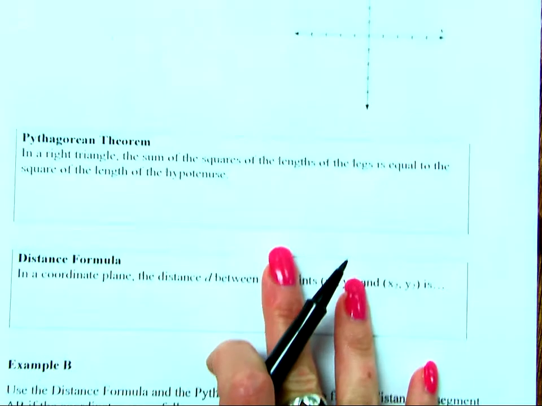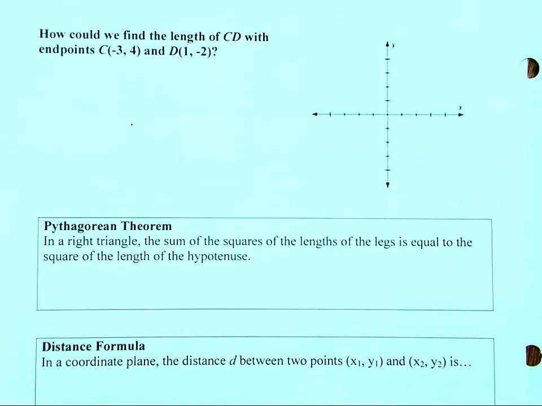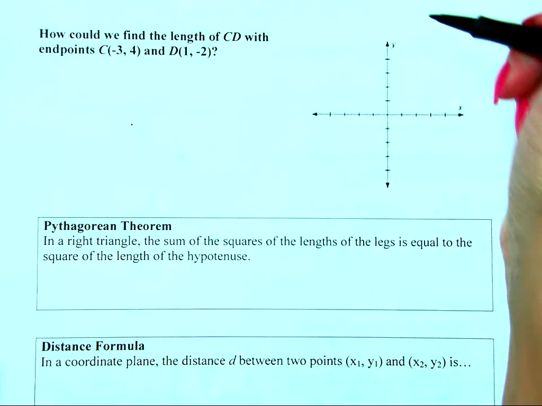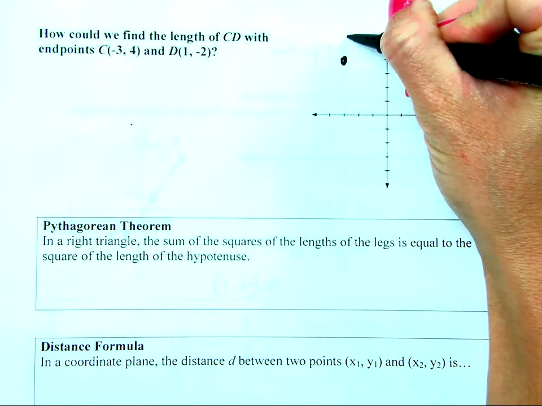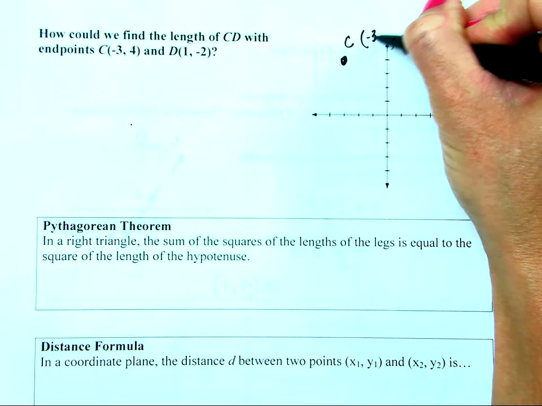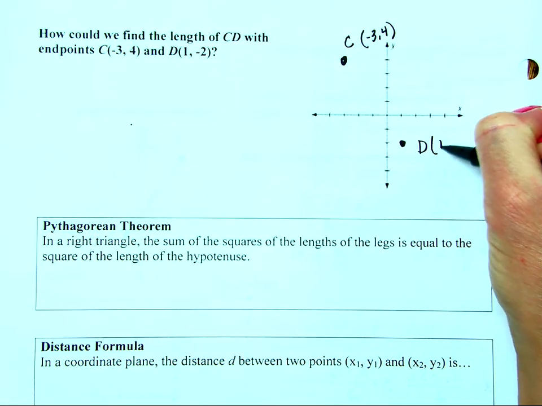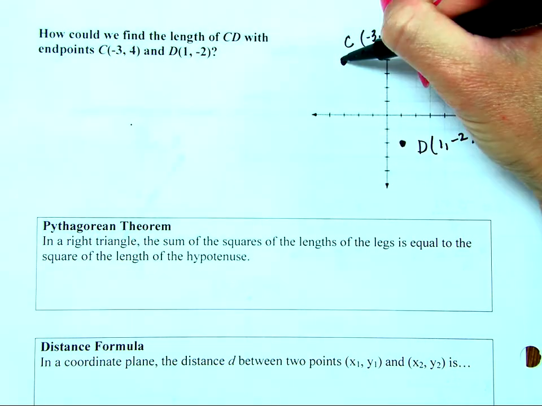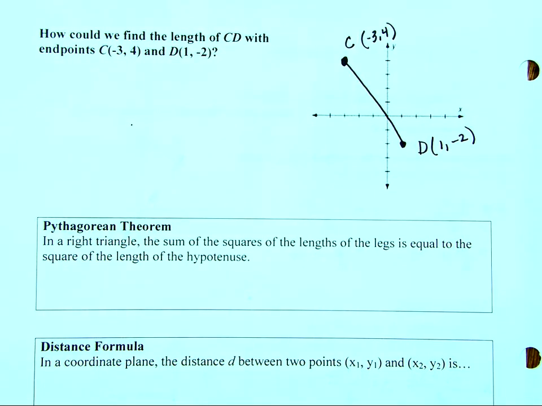If you go ahead and flip your paper over to the back side, again I have my same points C and D, so I'm going to go ahead and plot those. This time, I'm asking you to think about finding the length of that segment.